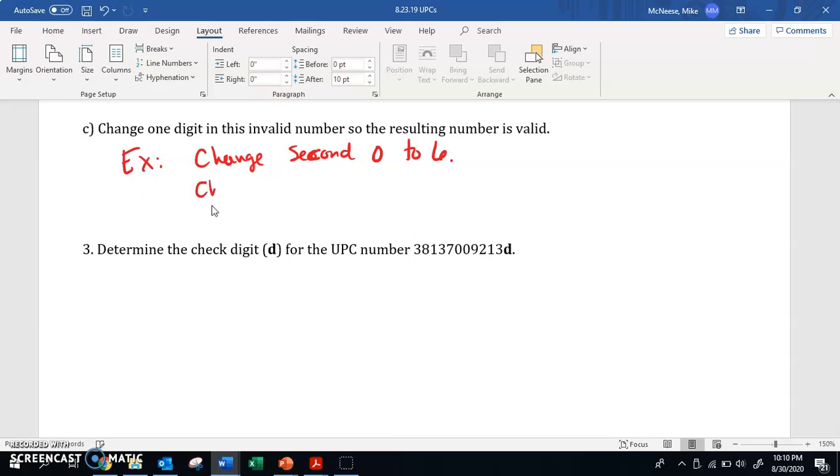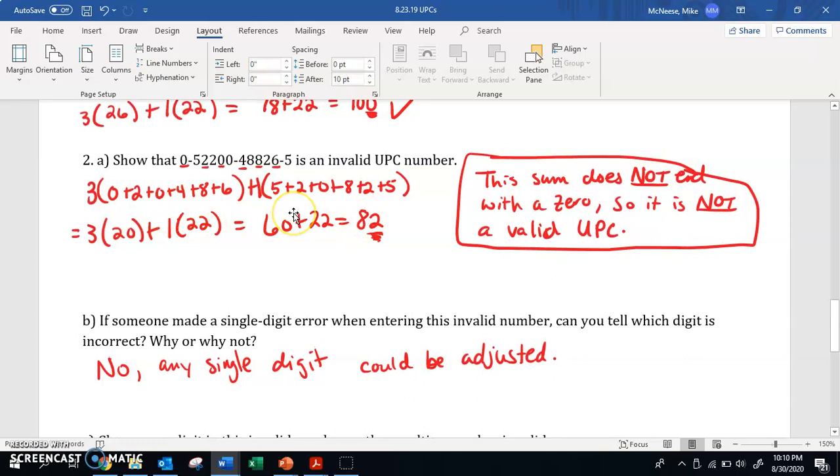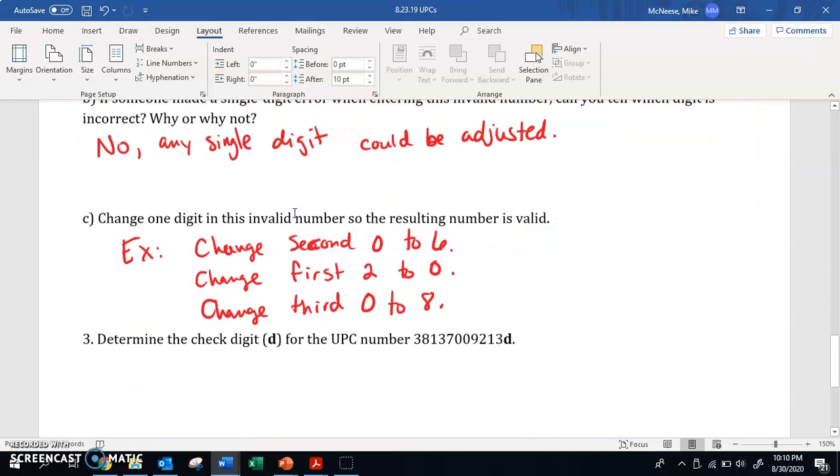You could change the first 2 in the number to 0, or you could change the third 0 in the chain of numbers to an 8. And these aren't the only ones. If you can think of another one, if you plug it in and check, and it equals a number that ends in 0, then it's good.